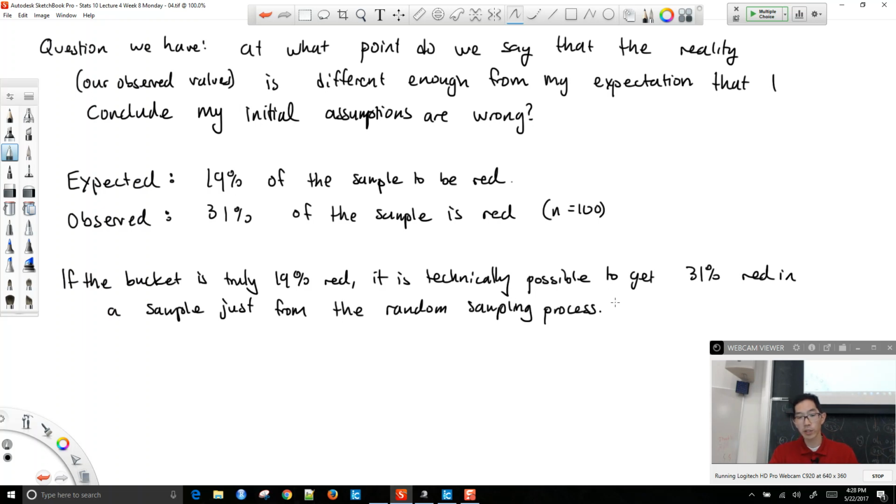All right, and so the question is, do you think that's what happened? Do you think we got 31% from the random sampling process? Or do you think that the bucket is not actually 19% red?